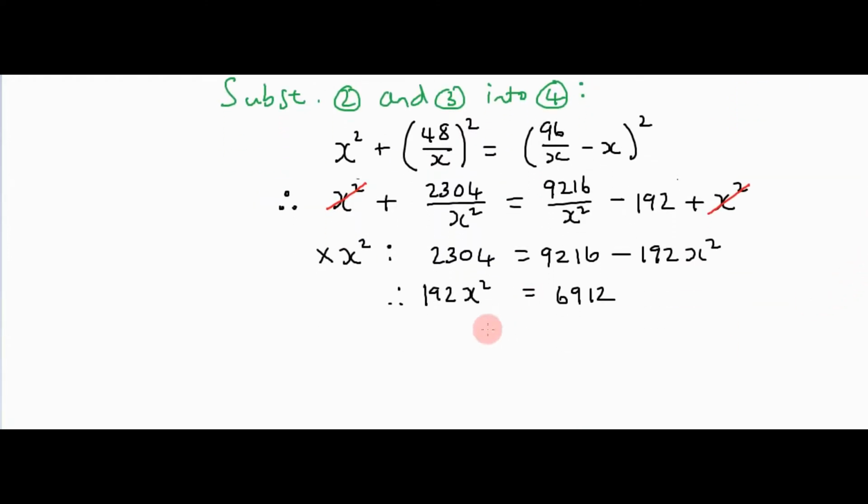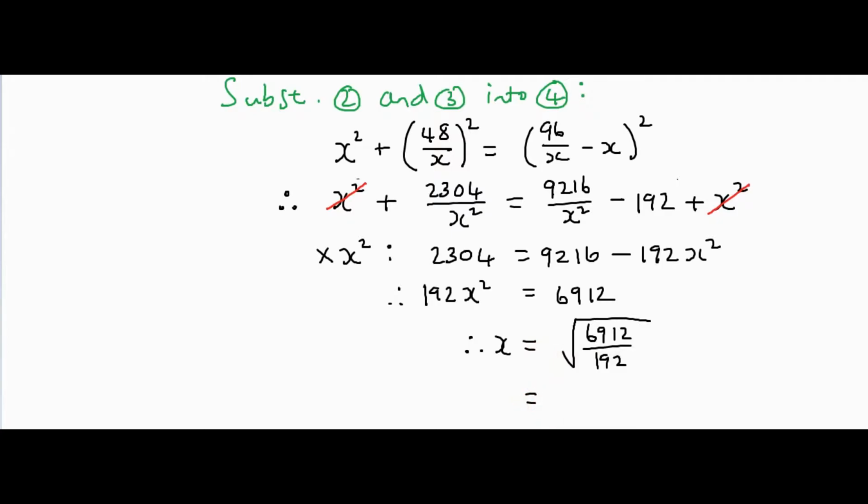Now we can solve for x. x will equal the square root of 6912 over 192. Now, note that we only take the positive answer here when we take the square root on the right-hand side, since x is a length.